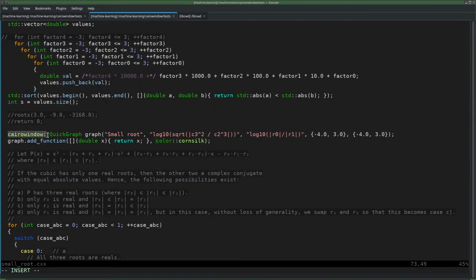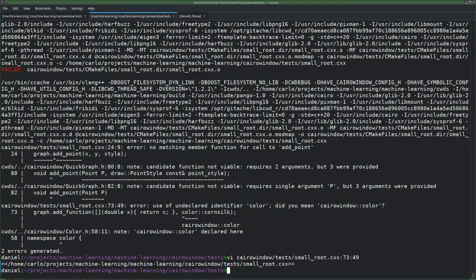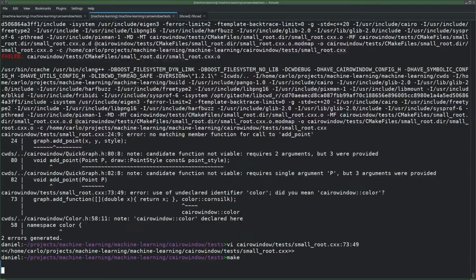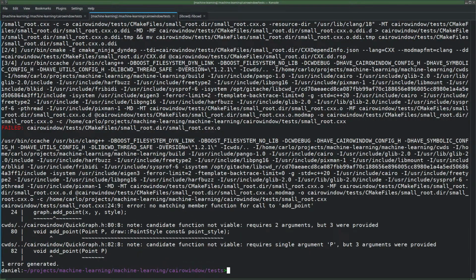Maybe we should do using namespace. Oh, we should pass it as a point, not as two separate coordinates.